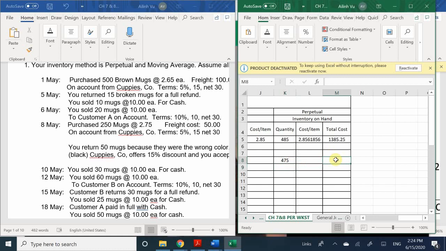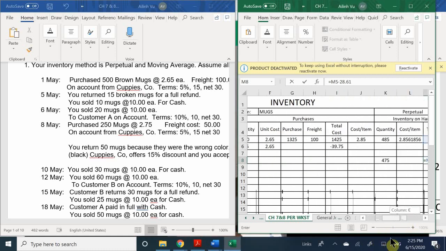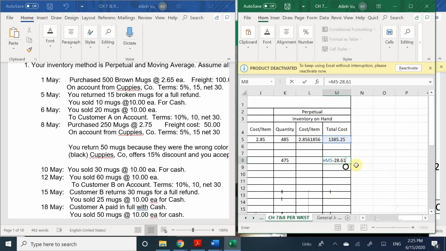And this number, subtract my 28, is it 2861? 2856, okay. 2856, so let me go ahead and fix that. So 2856. Okay, so that's my new number.